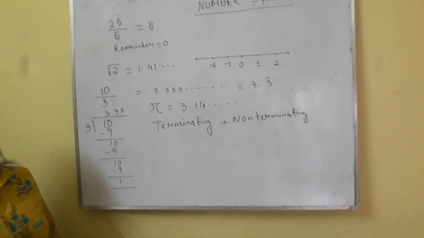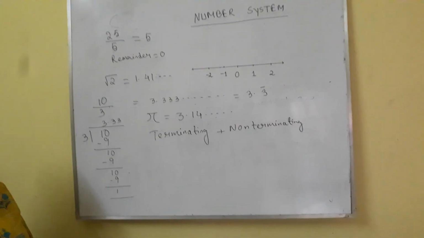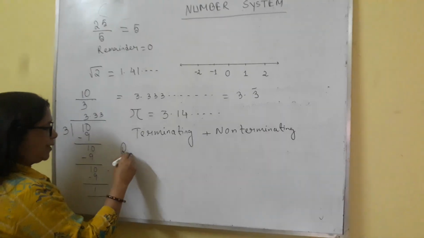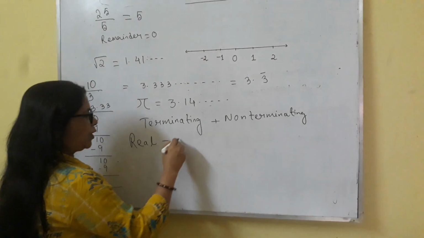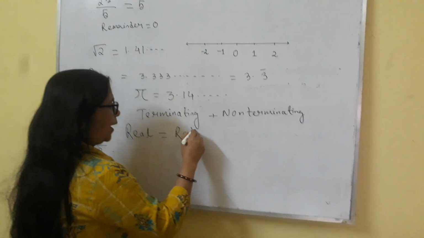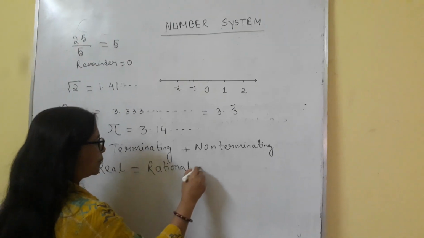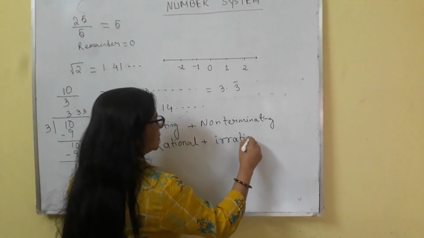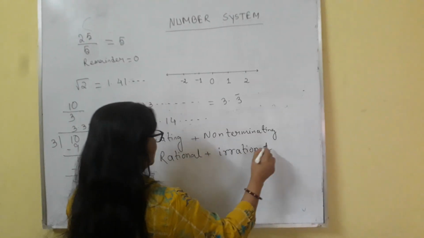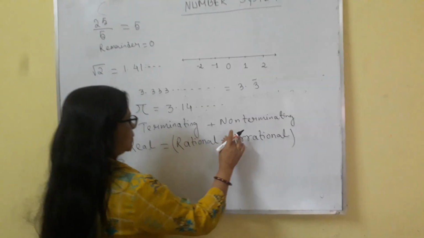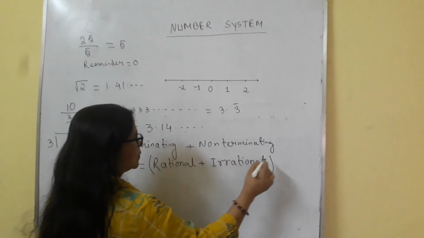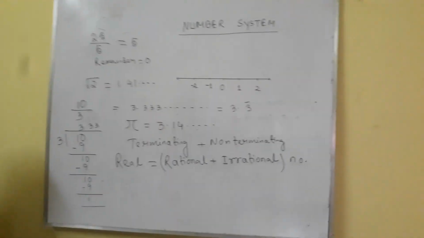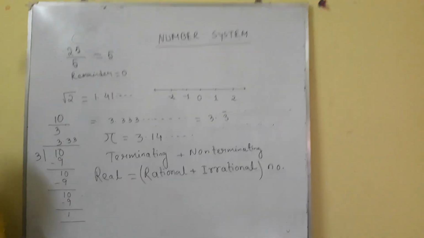Together we can say that is a real number. Now we can say the real number is a combination of a rational number and an irrational number.